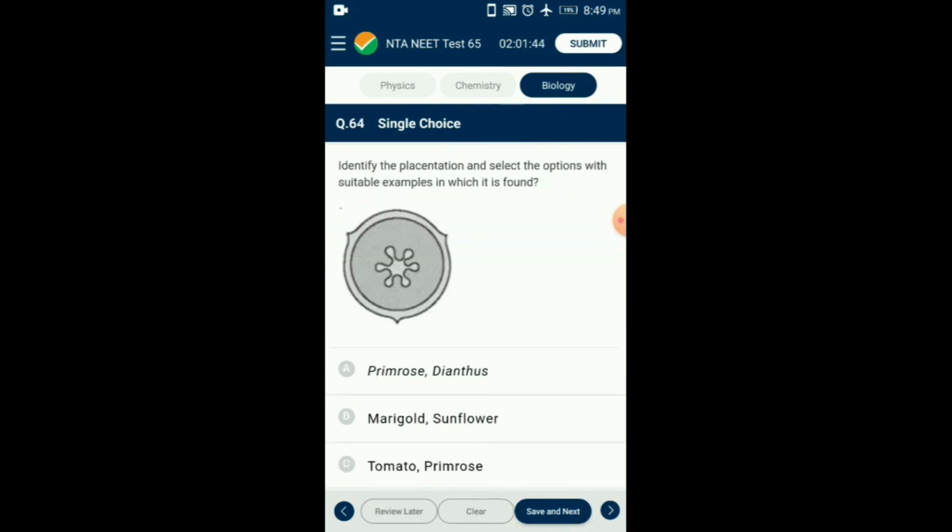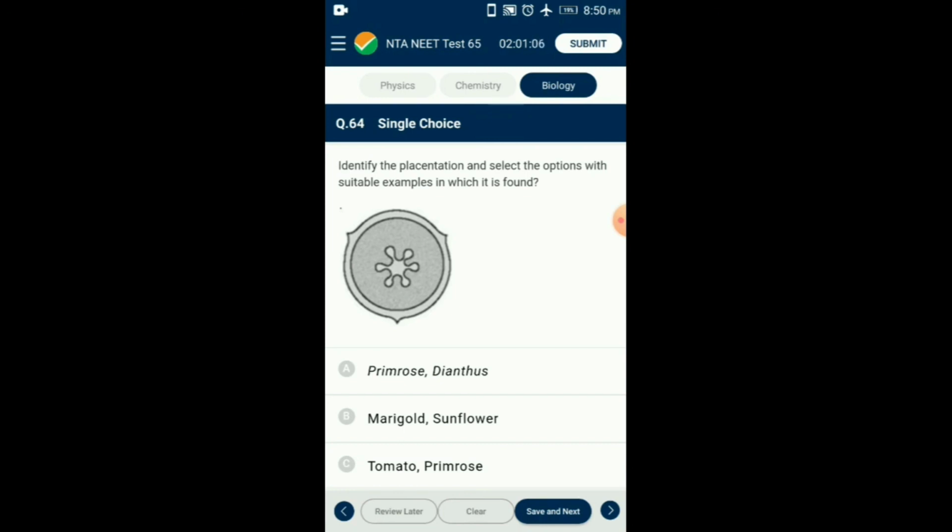Question number 64. Identify the placentation and select the option with suitable examples in which it is found. Placentation means arrangement of ovules in the ovary. Marginal placentation: the placenta forms a ridge along the ventral suture of the ovary and the ovules are borne in two rows on the ridge. Example, pea gram. Axial placentation: here the placenta is axial, making the ovary multilocular, and the ovules are attached to it. Example, tomato, lemon, China rose.